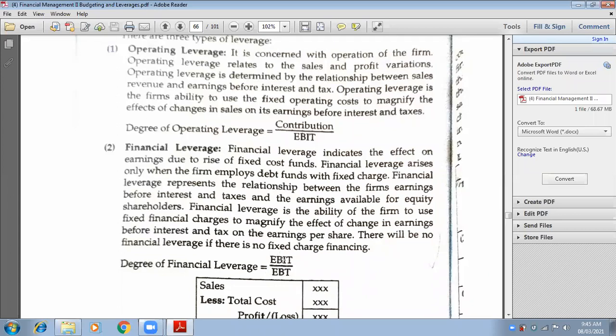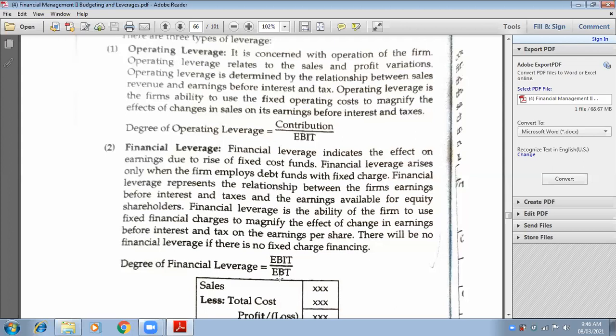Before interest means interest is not paid to the borrowed fund holders. Now I have to take interest out from this particular profit, EBIT, and pay it to debenture holders, to bank loan. So when interest is paid to the borrowed fund holders, what amount of profit am I left with for my own shareholders? So that will be known as EBT. EBT is earning before tax.